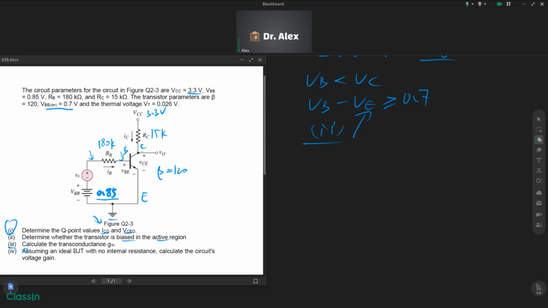Let's move on to question 3, which is asking us to calculate the transconductance Gm. We know the definition for calculating Gm, which is IC divided by Vt. What is Vt?